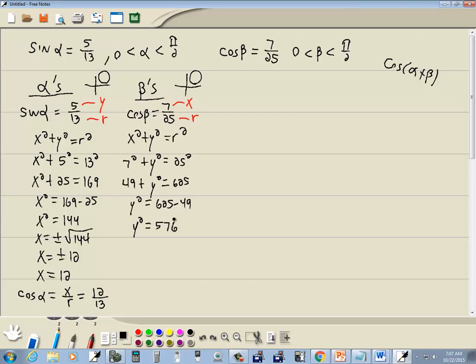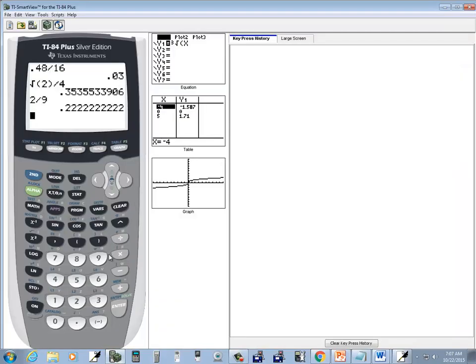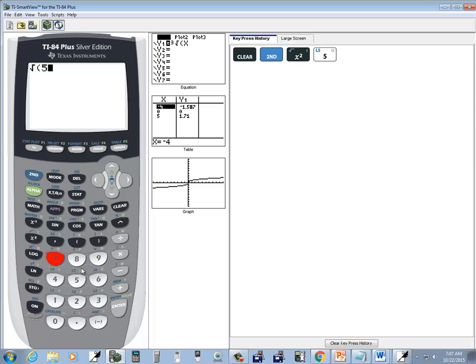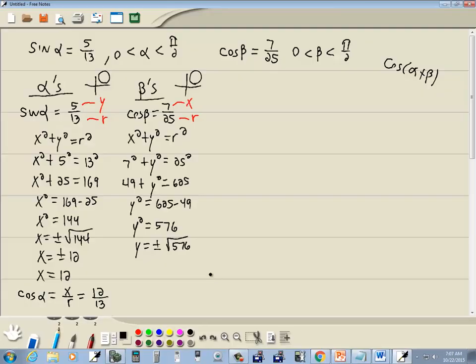Let's see if that's right. Okay, so then we use the square root property. Drop our squared, put a plus or minus square root on the other side. Square root of 576. Let's see if that works out perfect. So we get y is equal to plus or minus 24, and again, since we're dealing with quadrant 1, then y is going to be 24.